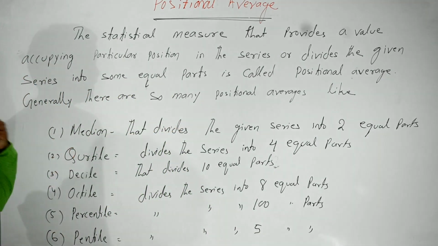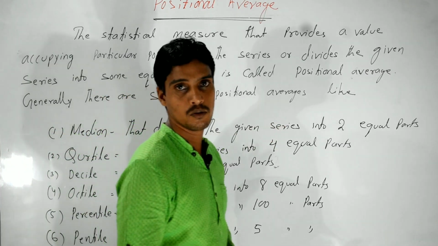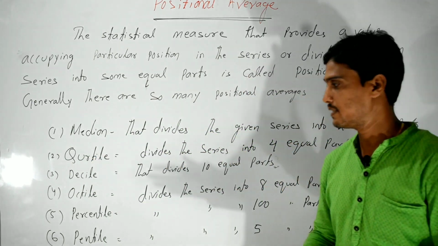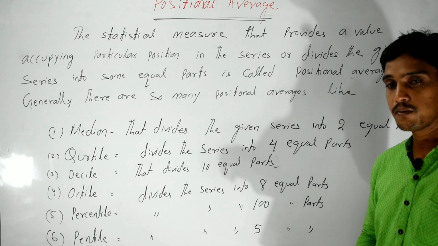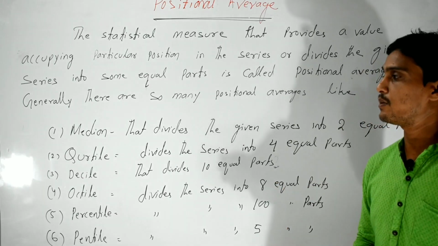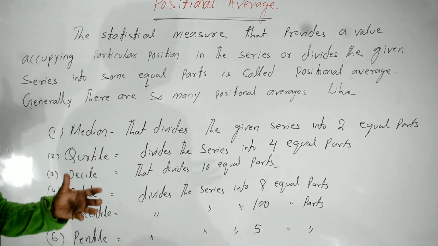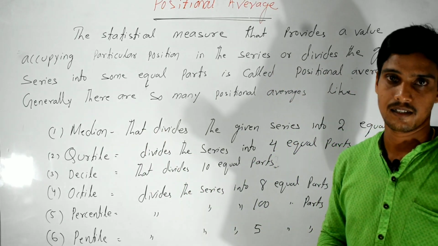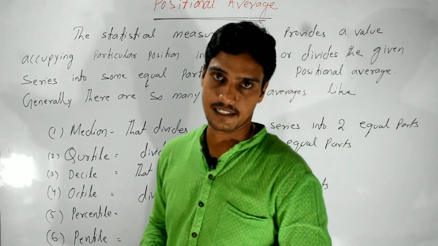That is, median is one of the positional averages that divides the series into 2 equal parts, whereas quartile divides 4 equal parts, decile divides 10 equal parts, octile divides 8 equal parts, percentile divides 100 equal parts, pentile divides 5 equal parts. So when we solve some problems on the positional averages, we should get a better understanding of that.